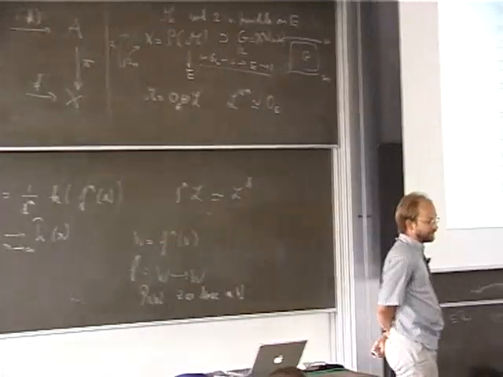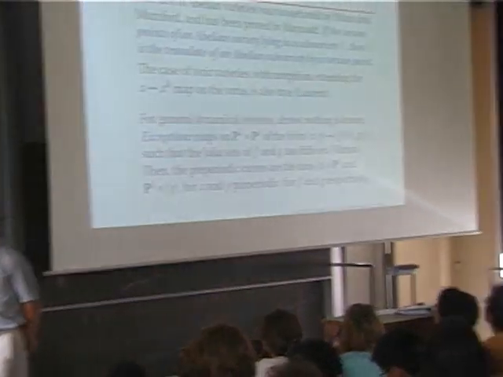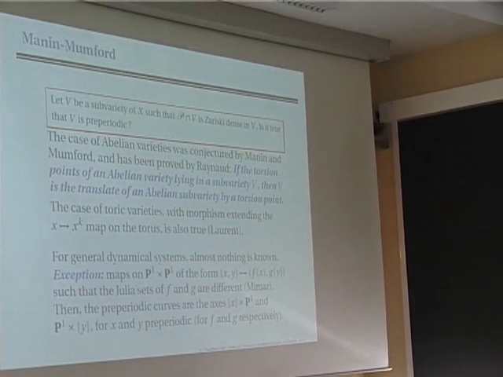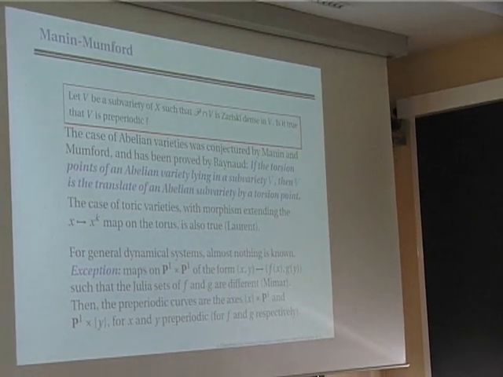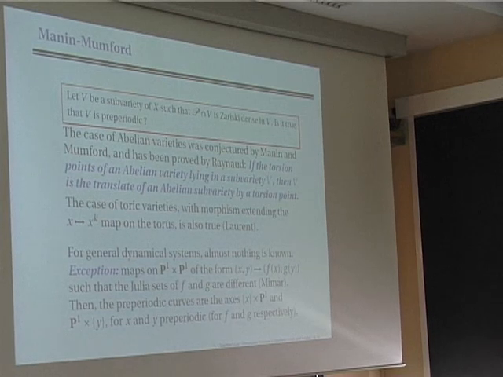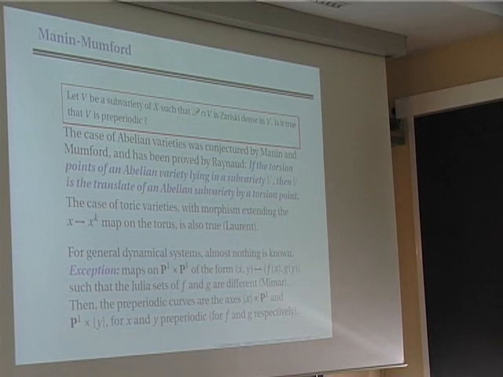The case of abelian varieties was conjectured by Manin and Mumford and has been proved by Michel Raynaud in the 70s, beginning of the 70s. In that case, the theorem is the following. You consider an abelian variety A and a subvariety V. Whoops, there is something missing on the slide. So you assume, let me write it.